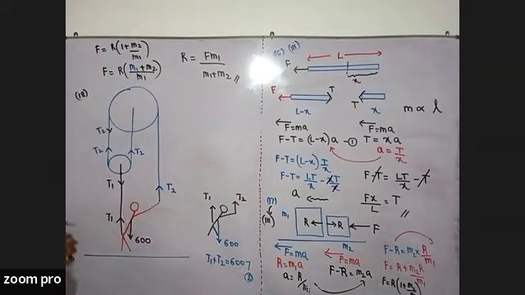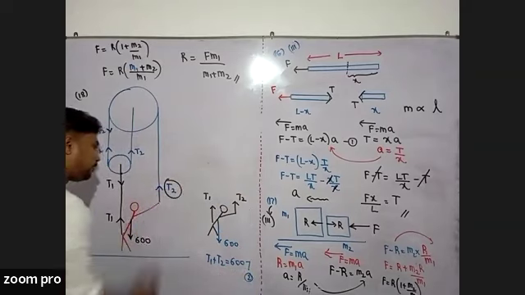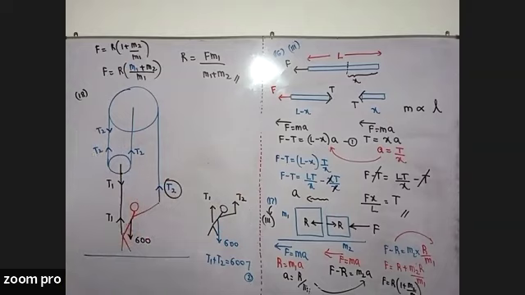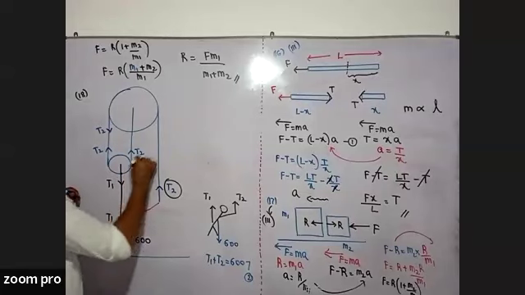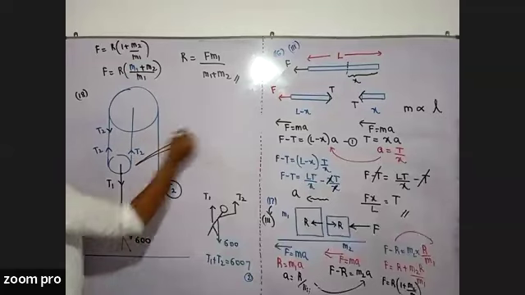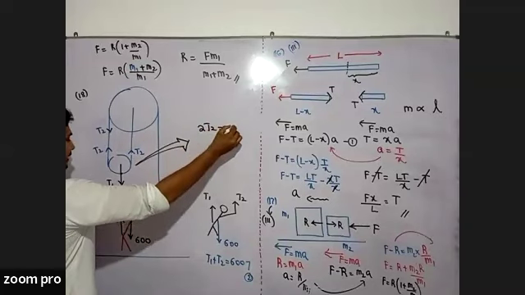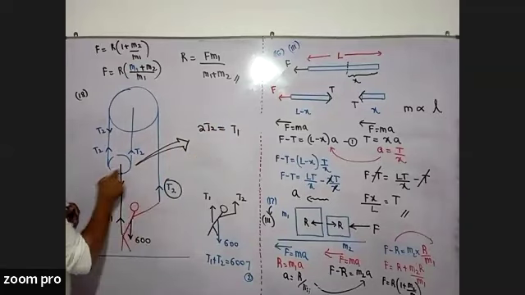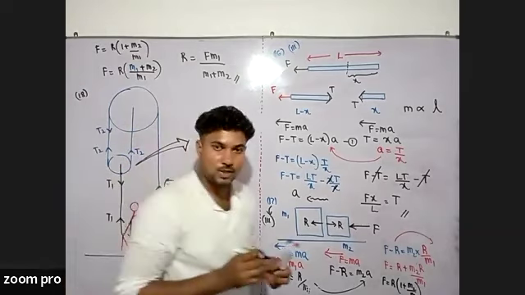Now we are asked to find the value for T2. If you consider this pulley and the forces acting on it, you can figure out that 2T2 equals T1, because this pulley is a massless object.